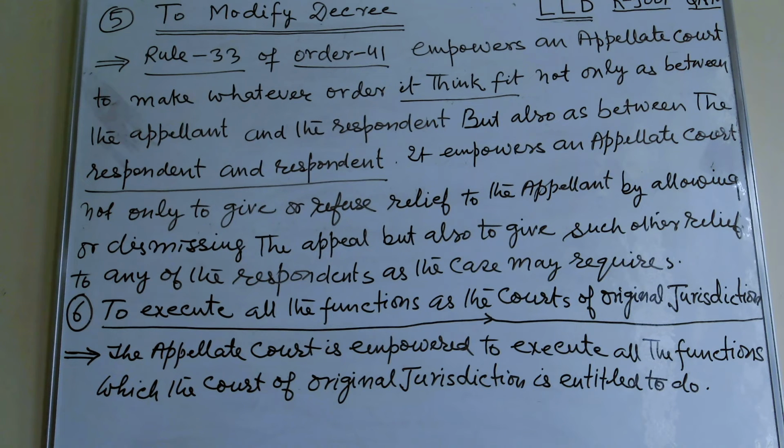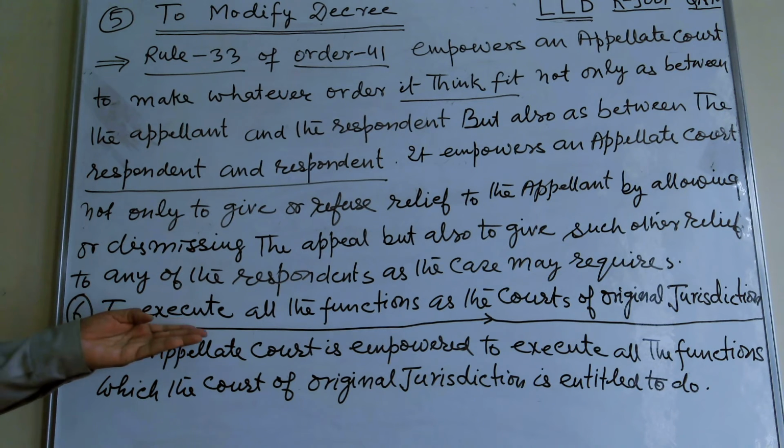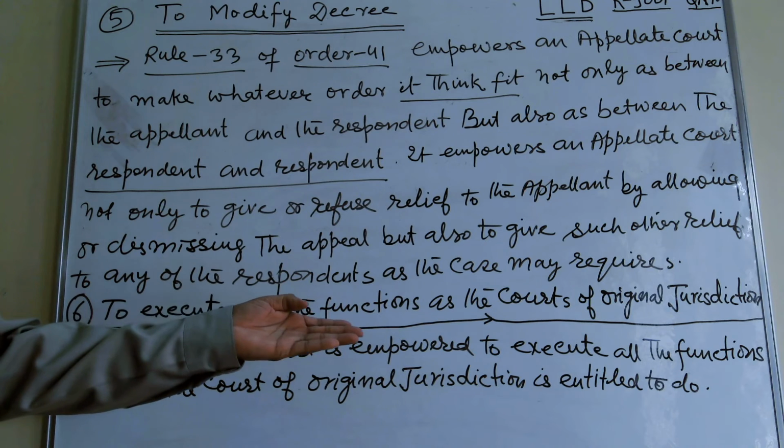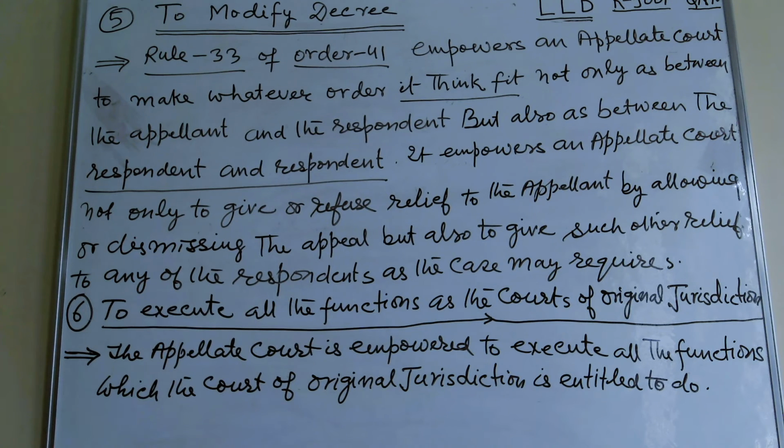Sixth power: to execute all the functions of the court of original jurisdiction. My dear friend, the sixth power is to execute all the functions of the courts of original jurisdiction. This is also a power of the appellate court.